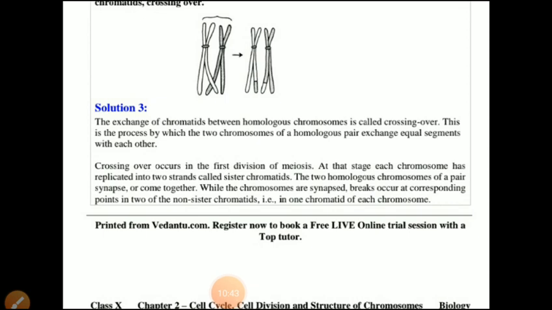Next, what is a chromatid? A chromatid is one half of a replicated chromosome prior to cell division. Third point, homologous chromosomes: the chromosomes which have the same shape and size. Such chromosomes we can call homologous chromosomes.